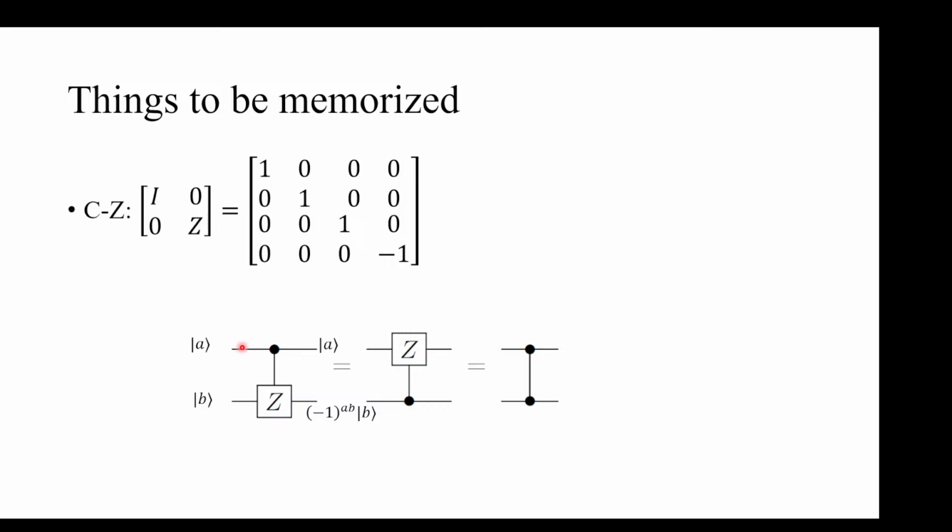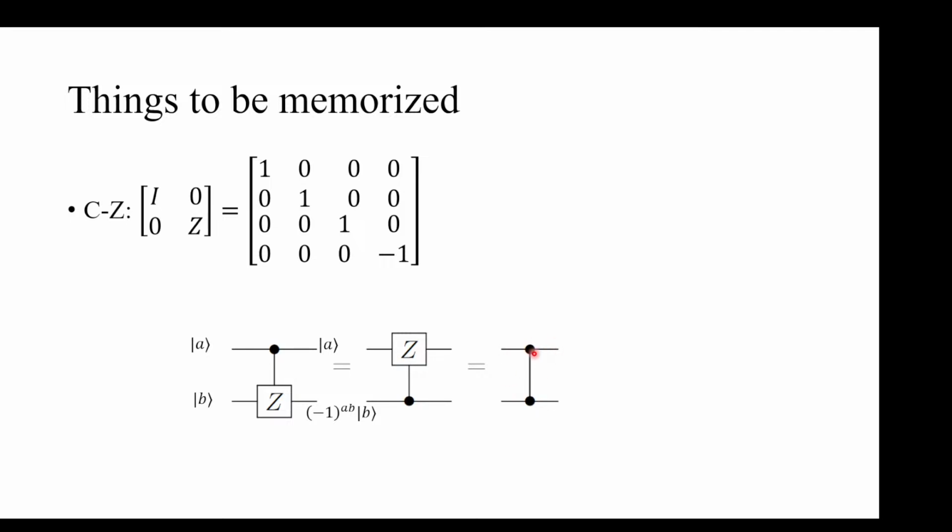And then the other important 2-qubit gate to be remembered is this control Z gate. So it's a control on the first qubit and apply Z on the second qubit. But you can easily check that this 2-qubit gate is symmetric between the first qubit and the second qubit. Meaning that if you control on the second qubit and apply Z on the first qubit, this is the same gate. And so we have this funny notation for control Z, which is just you have control on both sides.